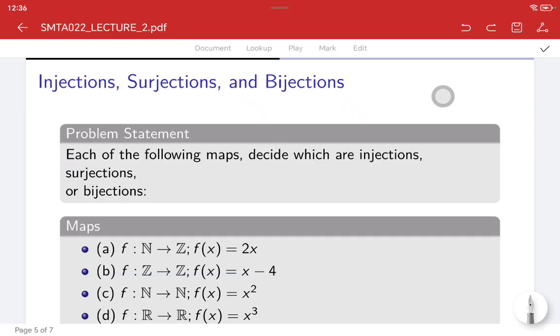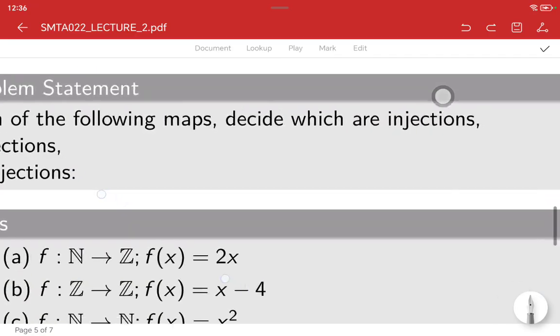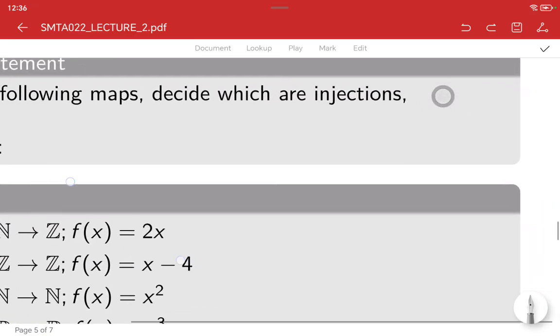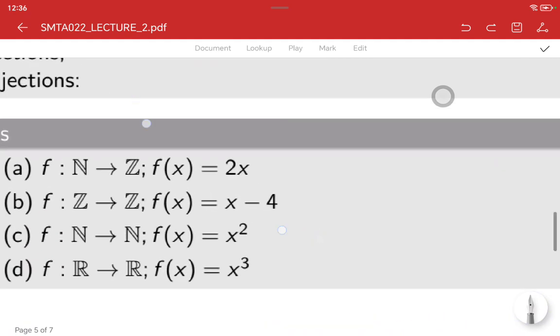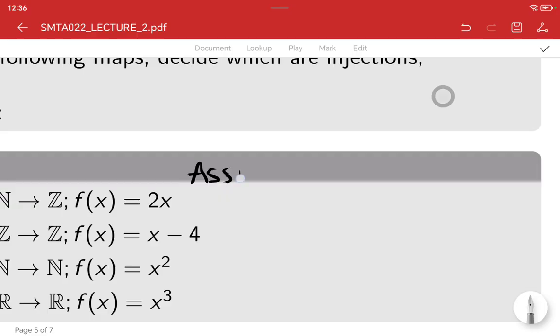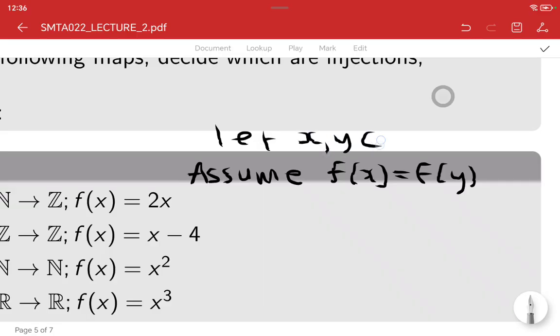Since we know that injection is one-to-one, then one-to-one says that, given a function f from N to Z defined as f of x equals 2x, for us to check that this is one-to-one, we must assume that f of x is equal to f of y, where x, y are elements of the natural numbers. f of x is 2x and f of y is 2y.